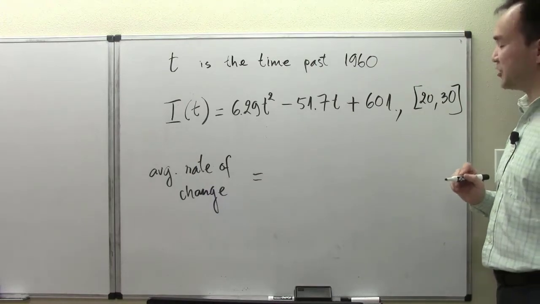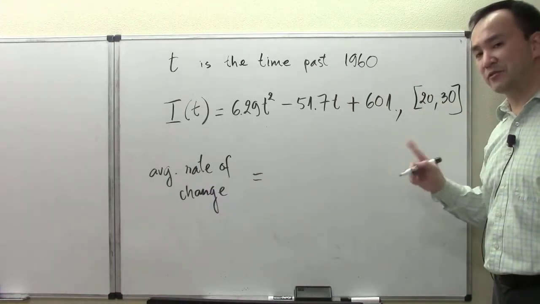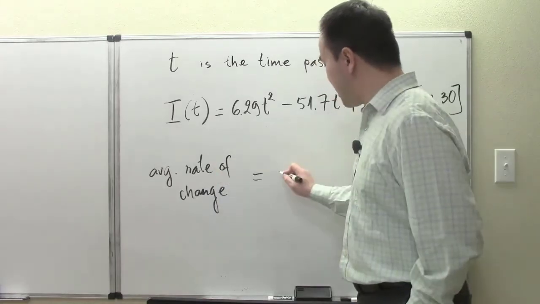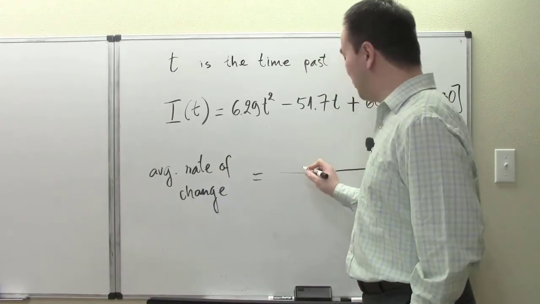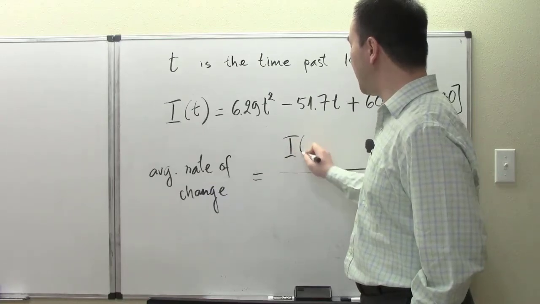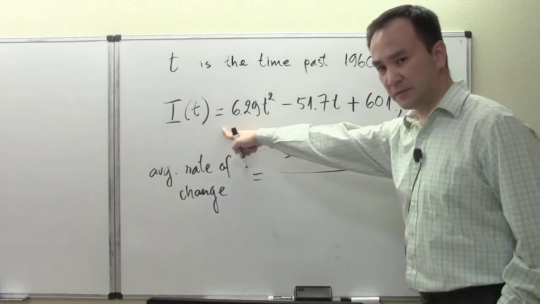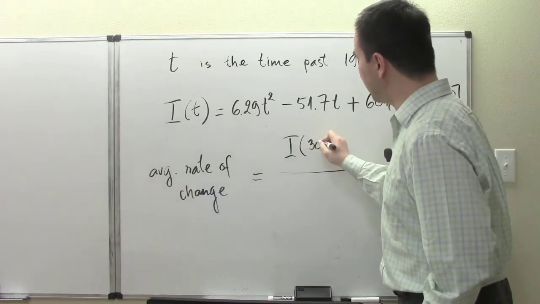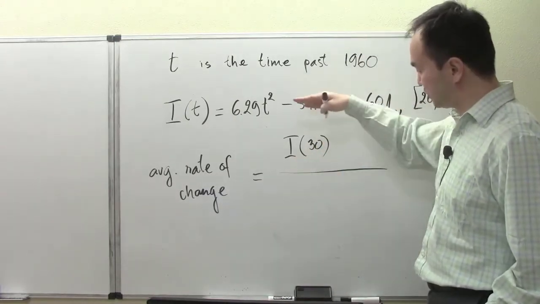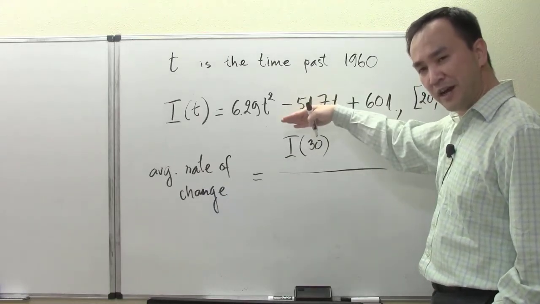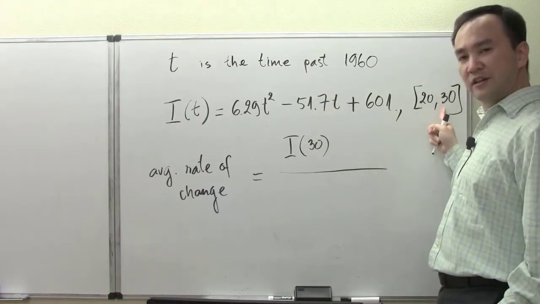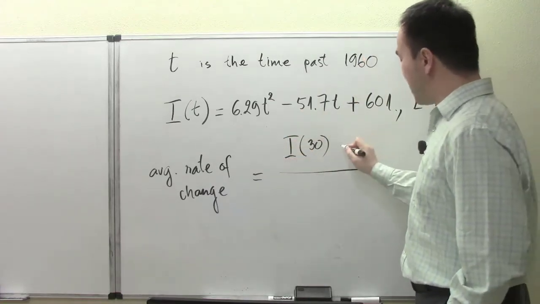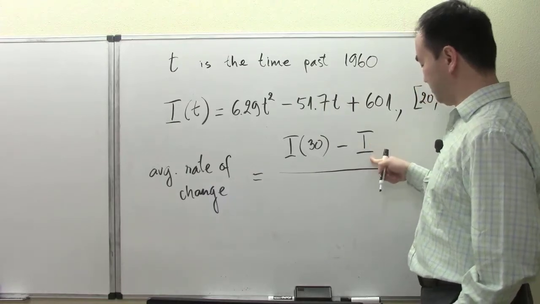I apologize for writing it down so many times and keep erasing it and rewriting it. Average rate of change is famously known for the final amount, so with this modeling function we're looking at I of 30, the total personal income in the US 30 years after 1960. That's the final amount, minus the initial amount, I of 20.